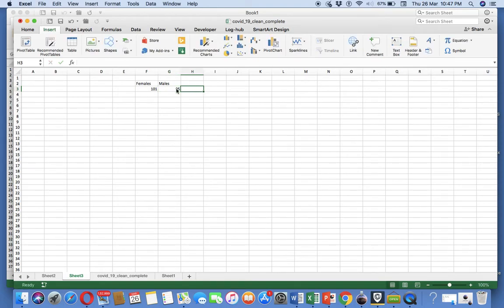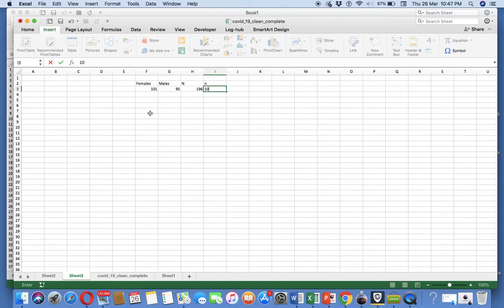So the total number, which is capital N, is equal to female plus male. The sample that you're drawing, which is denoted as small n, is 10.